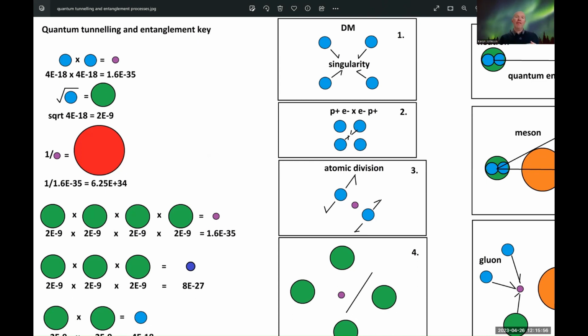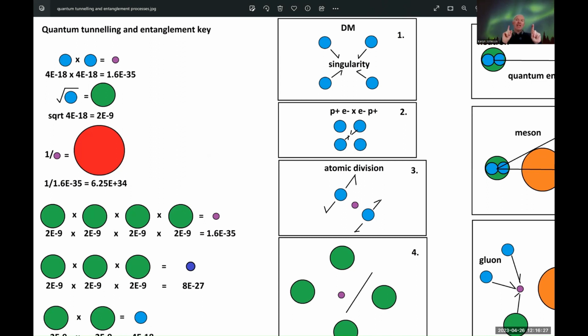Now, if we look at the square root part of the inverse square law, you would say, okay, you're unlocking the relative distance between r and r, the two objects. And in terms of the radius of the electron, the square root of the electron would give 2e to the negative 9 of a meter.